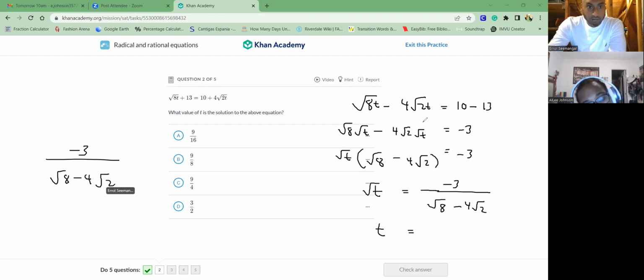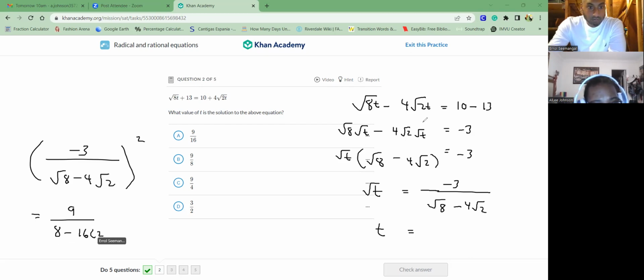What is that? That's going to be what? 9 over 8 minus 16 times 2, right? Just square every term there. And what is that?